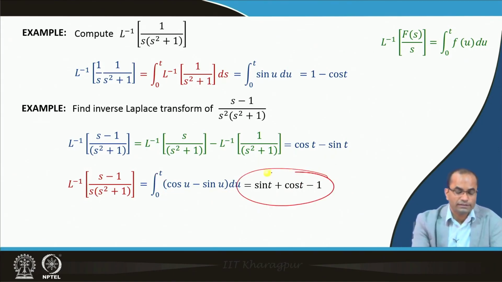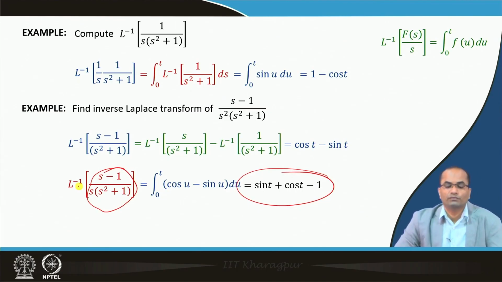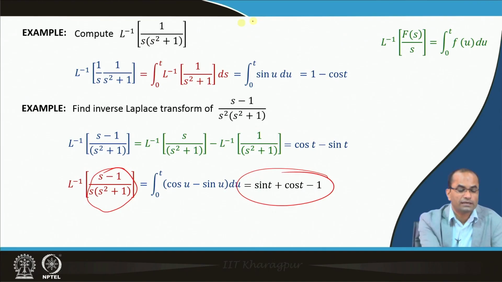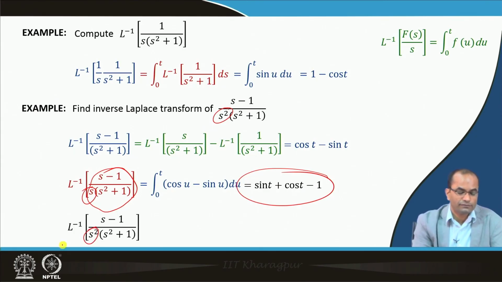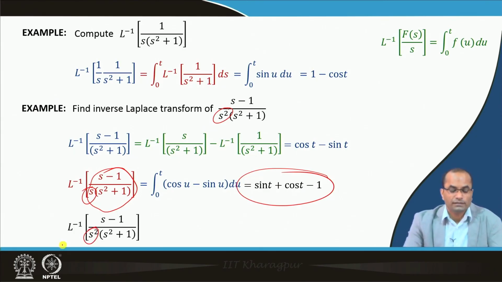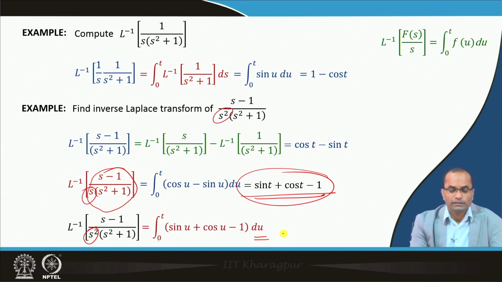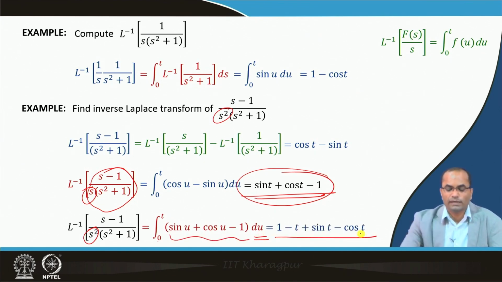So, we have now the L inverse of s minus 1 over s square plus 1, but in the question it is asked for s square. So, we have to apply this once again to accommodate one more s there. That means, we have to integrate sin t plus cos t minus 1 from 0 to t du. So, after this integration we get 1 minus t plus sin t minus cos t.